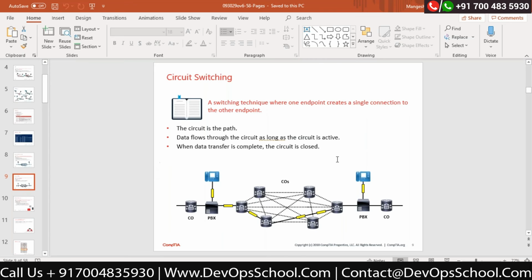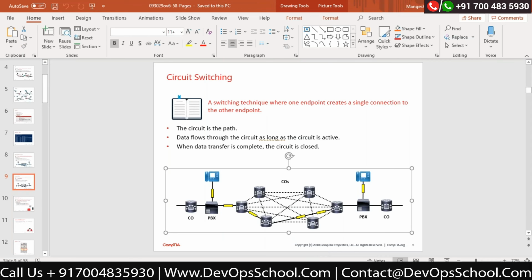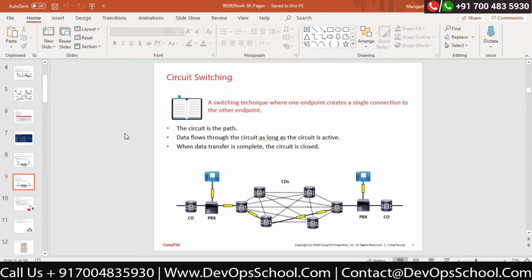Correct? You can see this is the diagram. Now we are not using circuit switching networks at all, because this technique was there when we were using a dial-up modem. Correct? But they are giving you the information about the circuit switching technique. In circuit switching, whatever data you are sending over the internet, whatever data you are receiving from the internet, all the data is coming through the telephone lines, because you are using a normal dial-up modem.